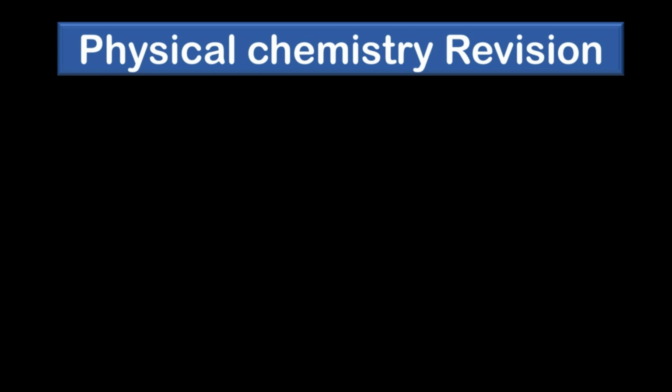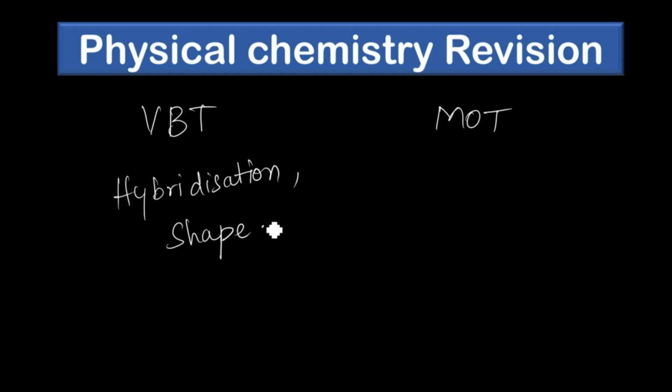Then what are the bond theories we have? There are two important bond theories, that is VBT and MOT. VBT talks about hybridization and shape. I already gave the list of which hybridization belongs to which shape.